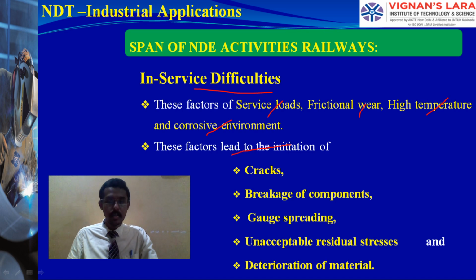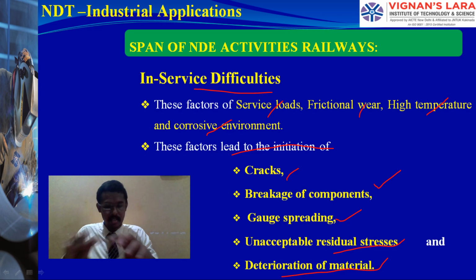These factors lead to the initiation of cracks, breakage of components, gauge spreading, unacceptable residual stress on the components, and also deterioration leading to material failures. So there are multiple chances of crack, breakages, and extension of the tracks. If the track extends due to high temperature, it elongates slightly, and this extension makes the track unusable for trains. So those things are all to be inspected frequently, and we have to rectify the problems.